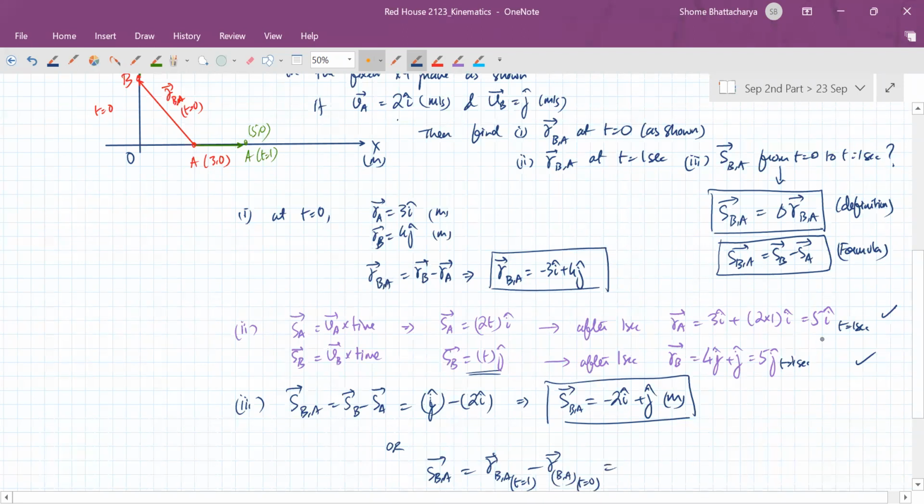So from these two, you can see that the new relative position is minus 5 i cap plus 5 j cap. So this vector has to be subtracted from, or this vector minus plus j.